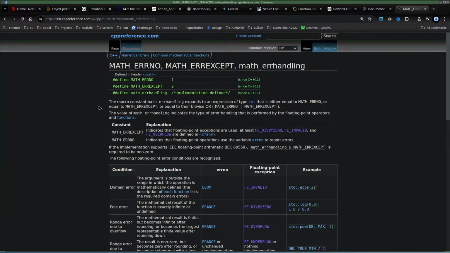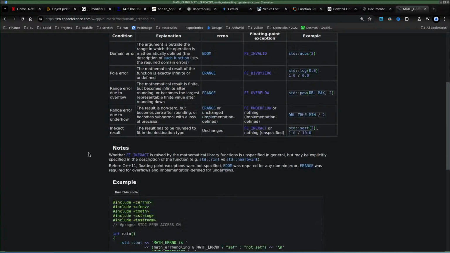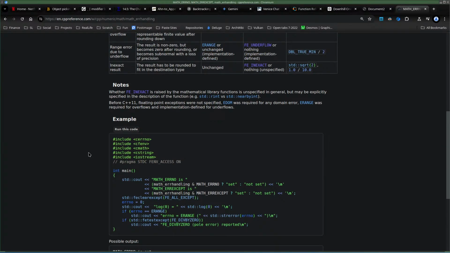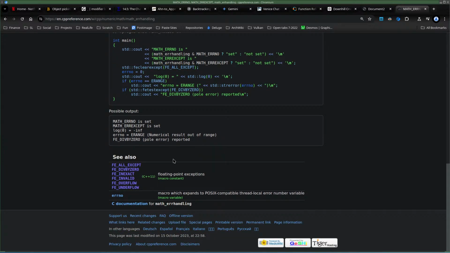Trying to find out if it is safe to call standard square root on a negative number, or that it might throw sometimes. Maybe it's just reporting something in errno, but it looks like theoretically it can throw exceptions.